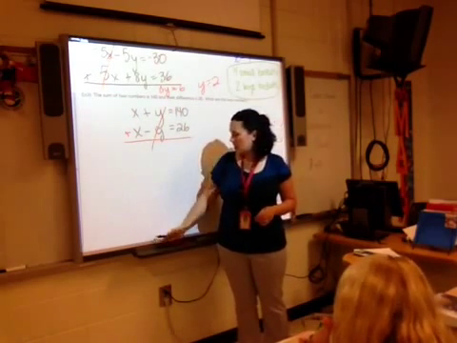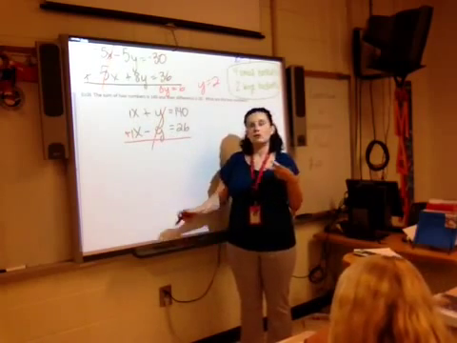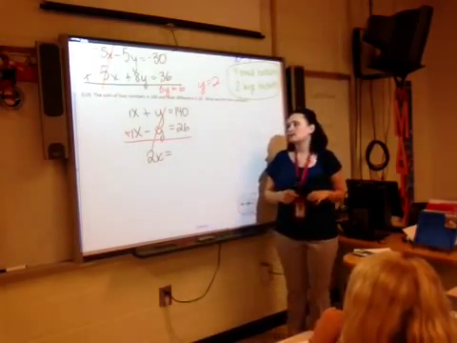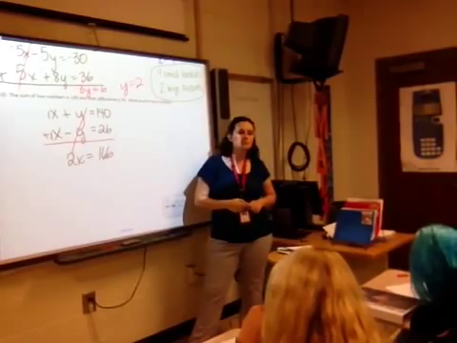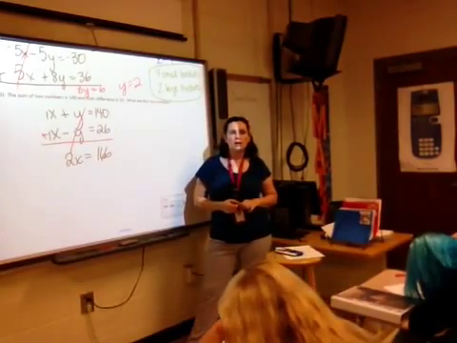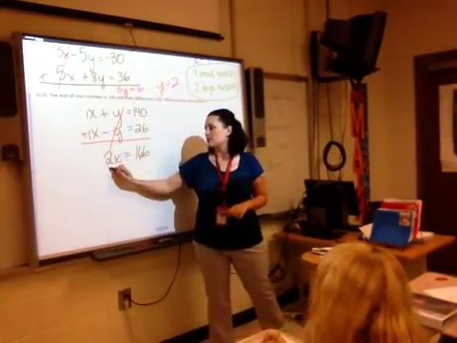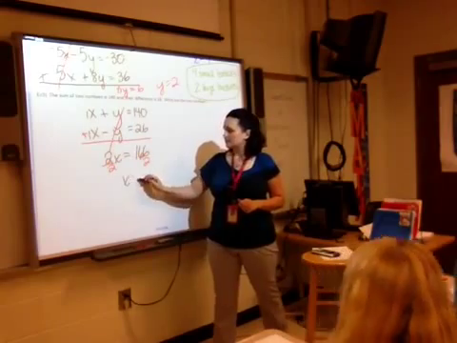If it helps, go ahead and write the 1 in, because 1x plus 1x is 2x. And 140 plus 26 is 166. And how do you move a multiplying 2? You divide by 2 to both sides. And you get x is equal to 83.